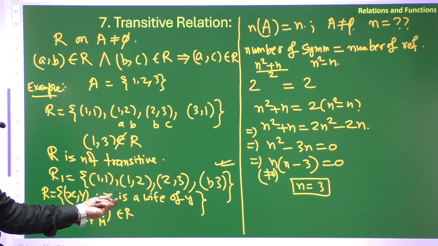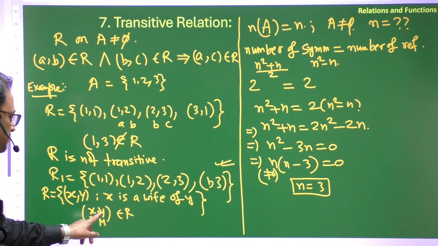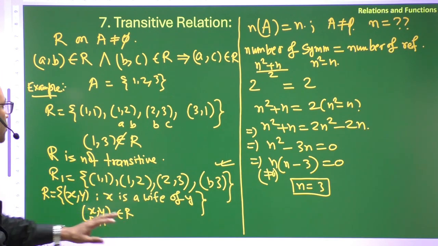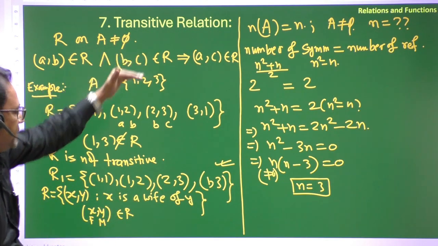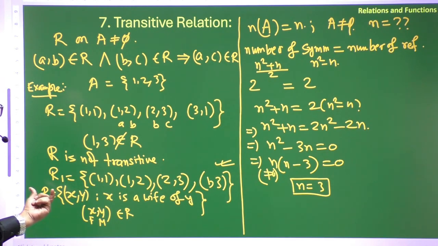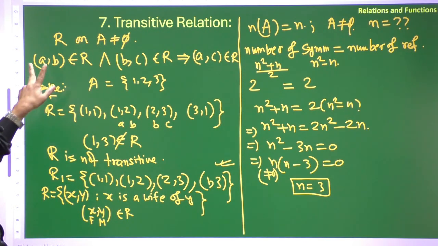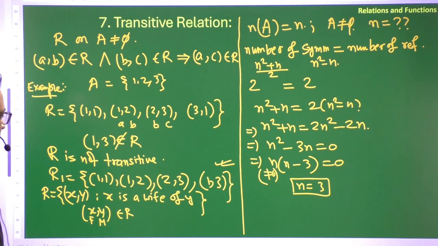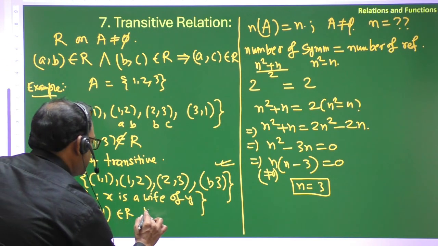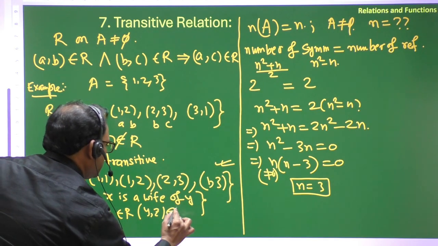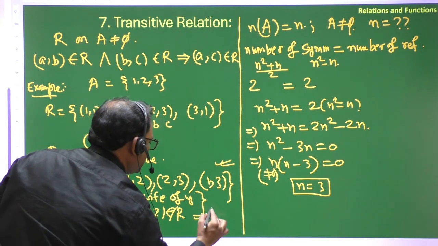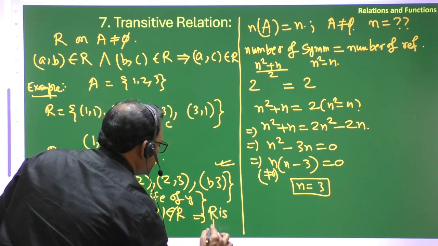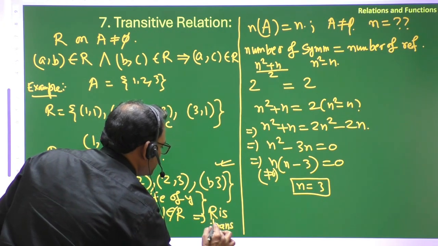So if (X, Y) belongs to R, naturally this male cannot again become a female. Therefore the next pair (B, C) cannot belong to R, so we cannot show that it is not transitive. The condition of not being transitive is (A,B) and (B,C) belong to R but (A,C) does not belong to R. In all other cases it is transitive. So since (X, Y) belongs to R but (Y, Z) does not belong to R, it implies that R is transitive.